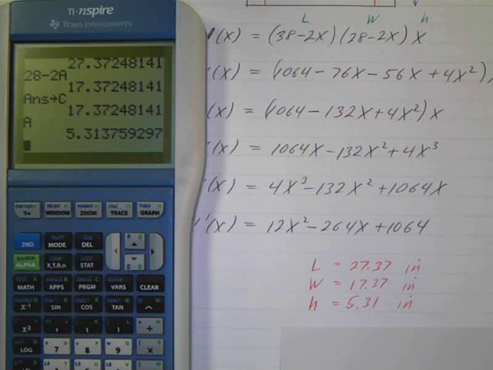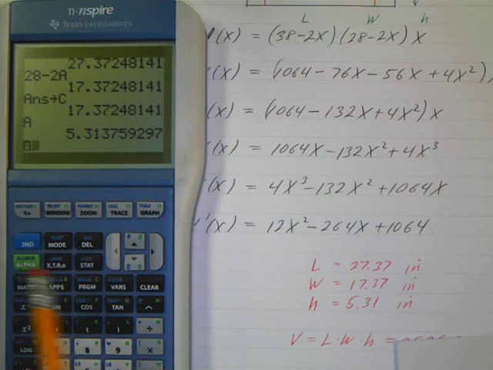Now if I want the volume, I just take length times width times height, which is actually alpha B times alpha C times alpha A, but it doesn't matter. Multiplication is commutative.